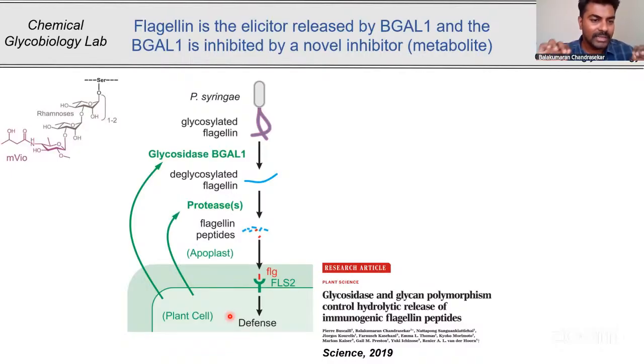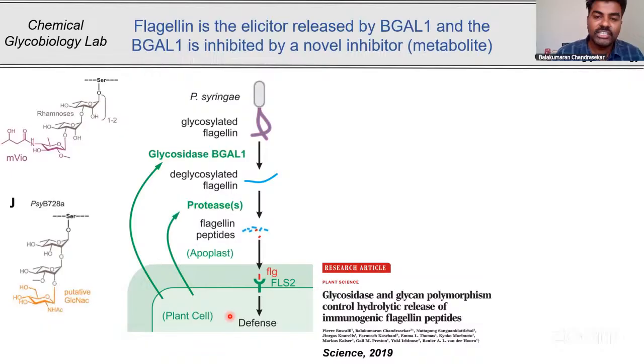And in our paper and in our work, we have shown two important strategies. One strategy is to have an important glycoform. Instead of having viosamine, which is the target of beta-galactosidase, the bacteria is going to have another sugar, which is going to be the GlcNAc sugar. By having another glycoform, the plant is not going to recognize this particular pathogen, and the pathogen is going to grow very fast, leading to susceptibility.